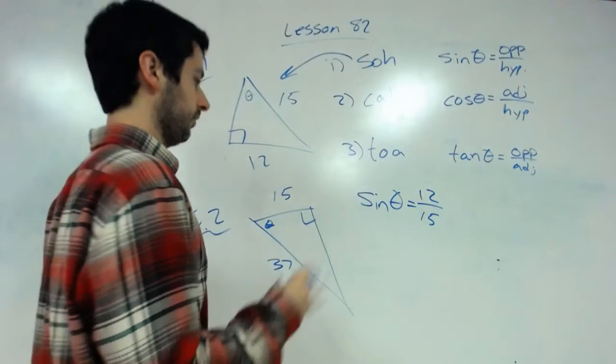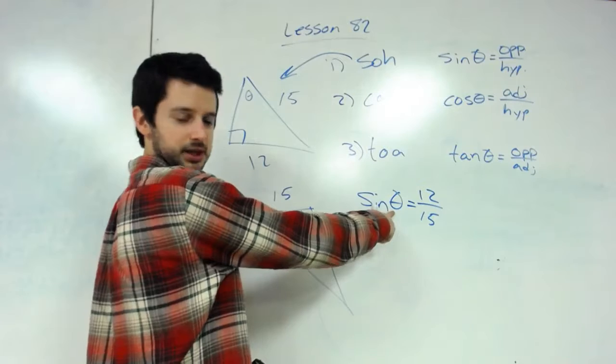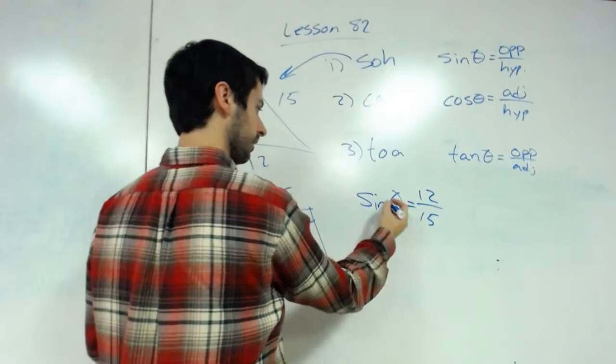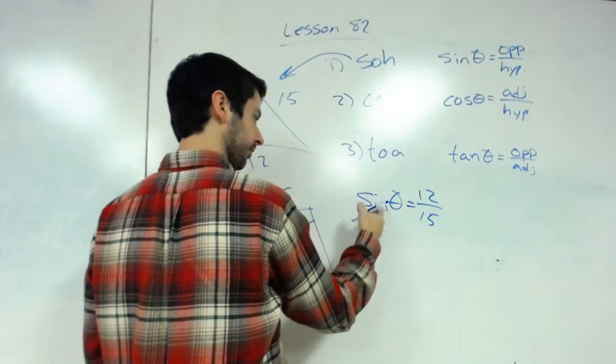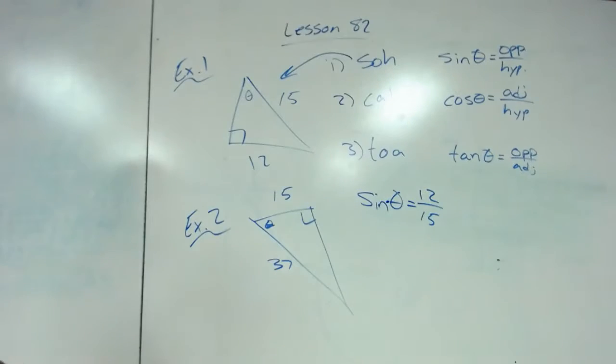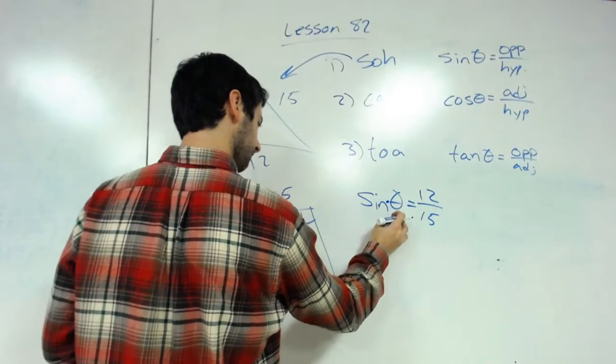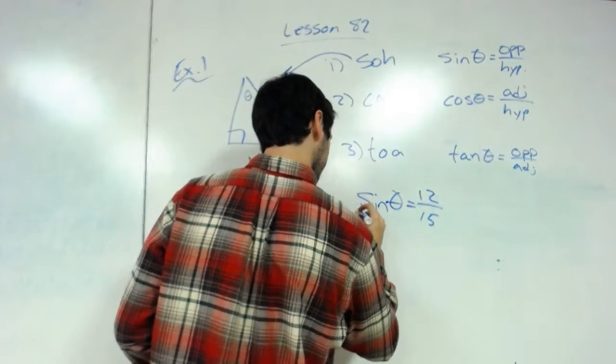Where it gets different is that we have to get theta by itself because we're solving for theta. These two right here are being multiplied. So it's actually sine times theta. Remember, sine of theta, "of" means multiply in math. So sine times theta, in order to solve, you're doing the opposite, so you divide by sine.